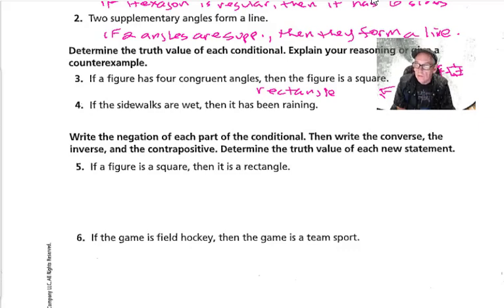So that would also cause that to be a false statement, and I'm just going to put sprinklers. The sprinklers could have been on and you come out, sidewalks are all wet, you think it's been raining, but no, it's the sprinklers. That would be a counterexample for that one.